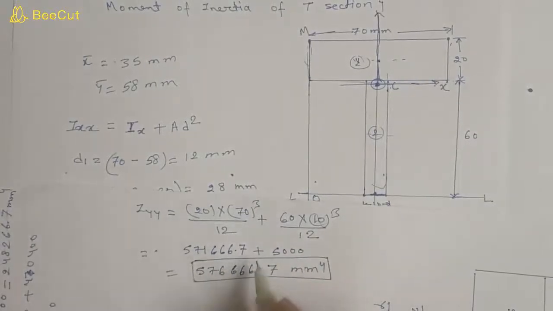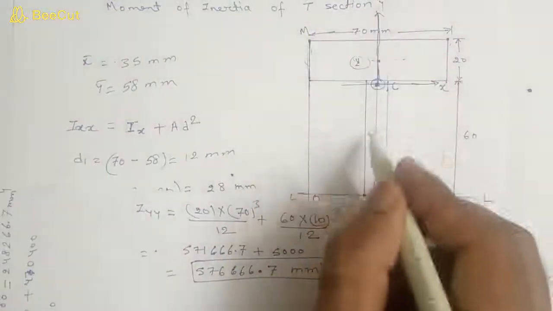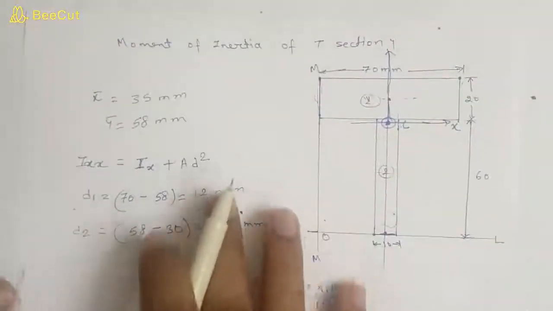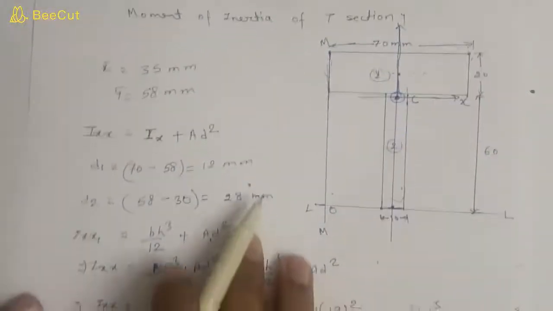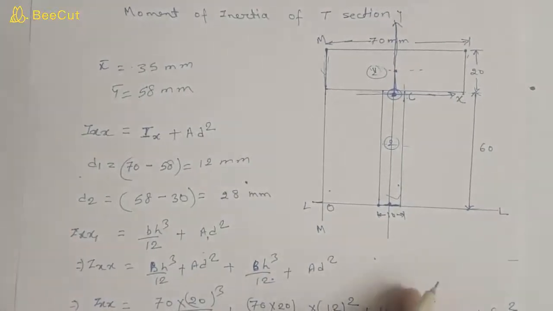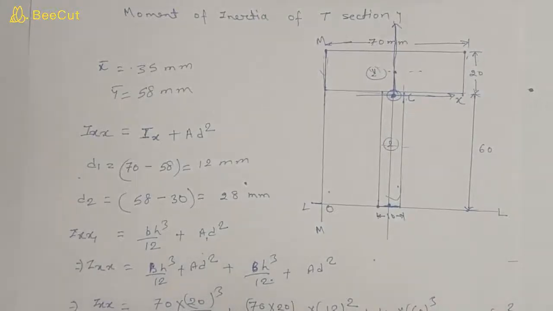So this is the moment of inertia about the y-axis, and this is Ixx, the moment of inertia about the centroidal x-axis. So we have got all the values. I hope you understand how to find the moment of inertia and centroid of a T section. Thanks for watching this video.